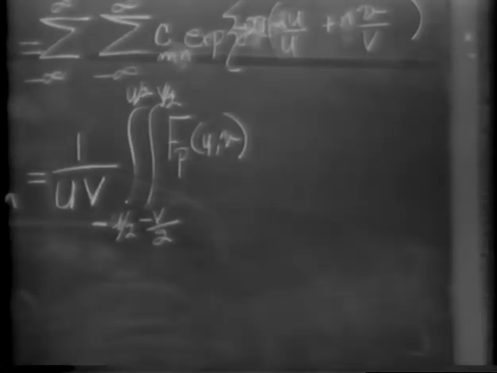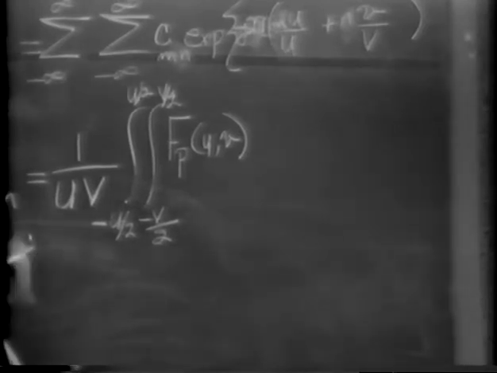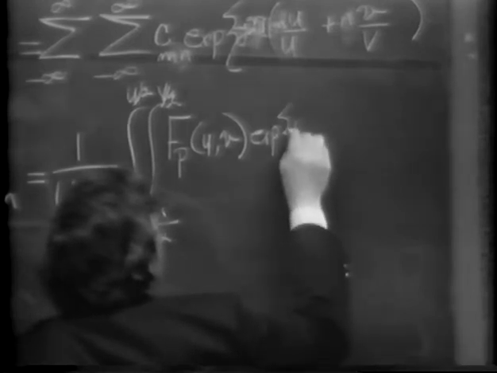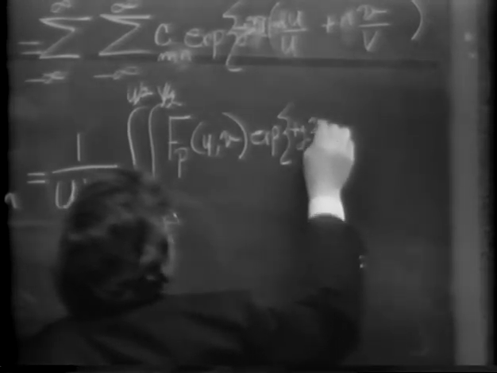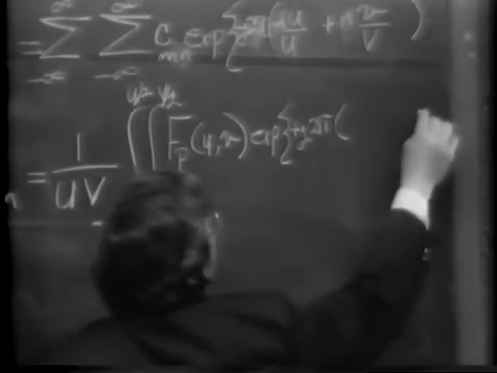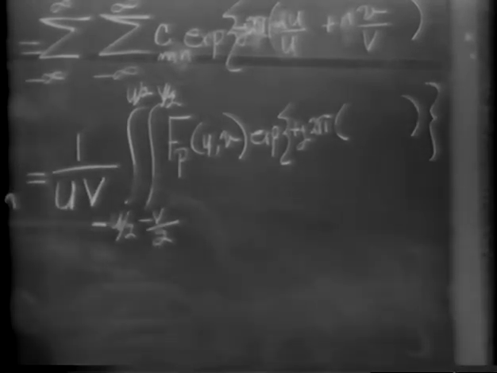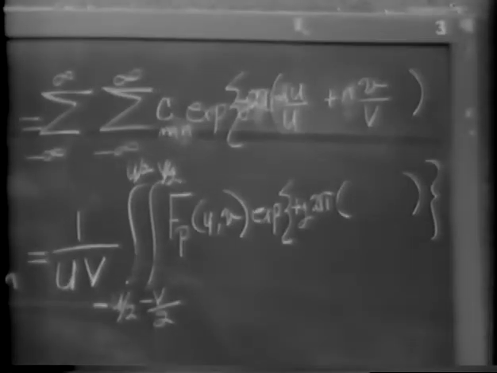What type of exponential would we multiply this by? We might use a plus j 2 pi. Would it be the same? It's easy for us to figure them out.